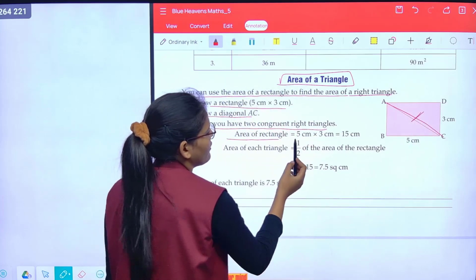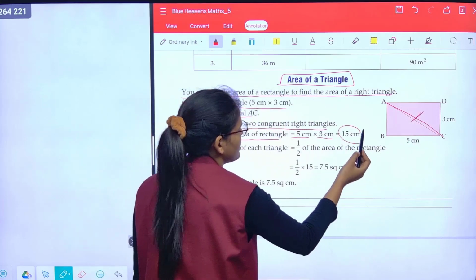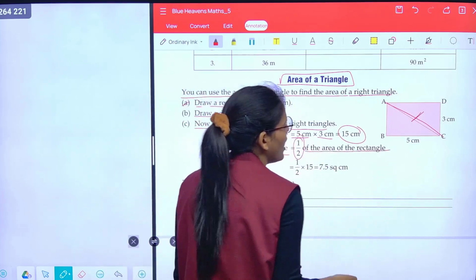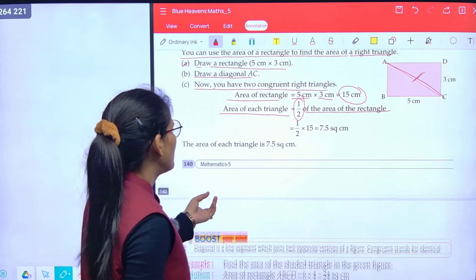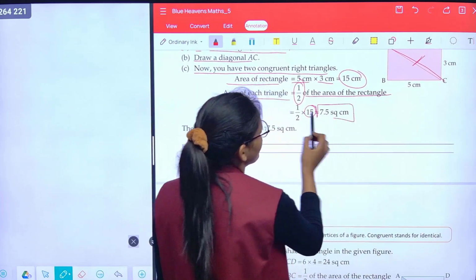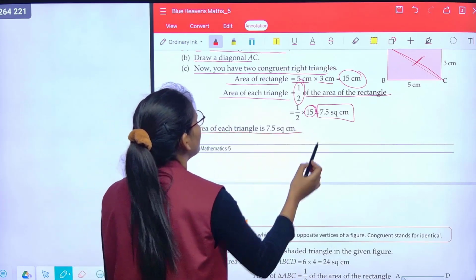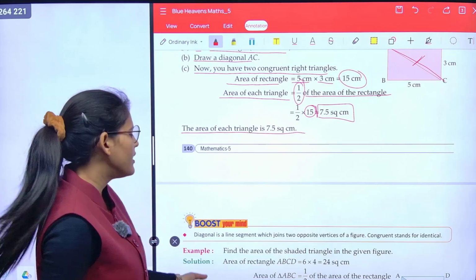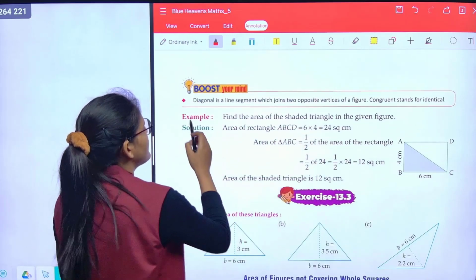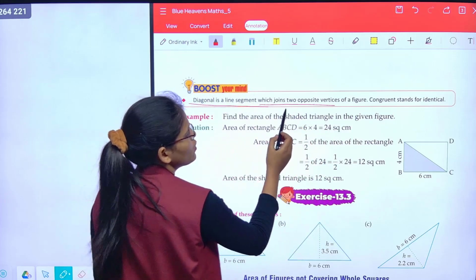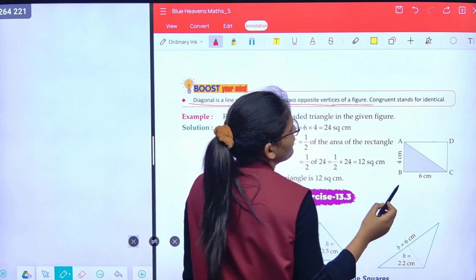Area of rectangle is 5 centimeter into 3 centimeter, 15 square centimeter. Area of each triangle is 1/2 of the area of the rectangle. So class, 1/2 multiplied by 15 is 7.5 square centimeter. The area of each triangle is 7.5 square centimeter. Understand class? Now class, a diagonal is a line segment which joins two opposite vertices of a figure.